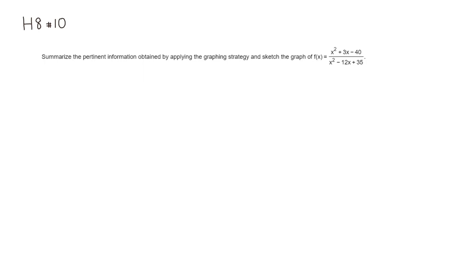In order to find its domain, we're going to factor the numerator and the denominator first. So f of x is equal to, the numerator can be factored as x minus 5 times quantity x plus 8, and the denominator can be factored as x minus 5 times quantity x minus 7.